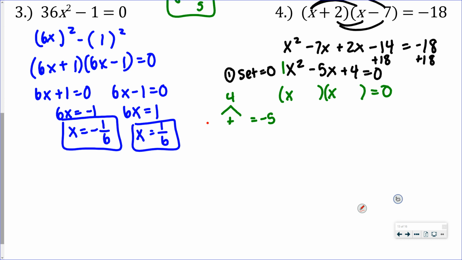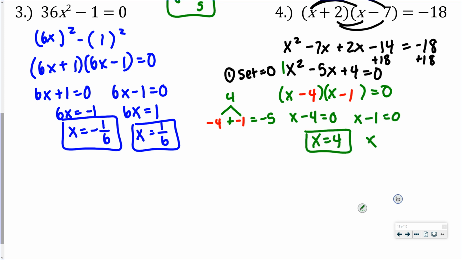Negative 4, negative 1. Good. You can plop those in right away. We don't need to do AC method here because I have a 1 in front. You could do AC method if you want to, but I don't recommend it. It's way more work. Now, since this is set equal to 0, we can solve it. And we get 4 and 1.